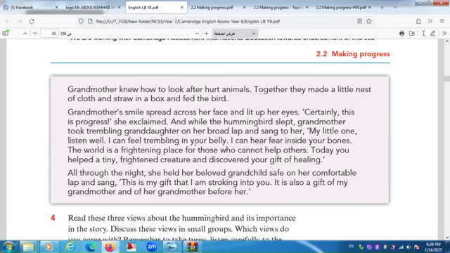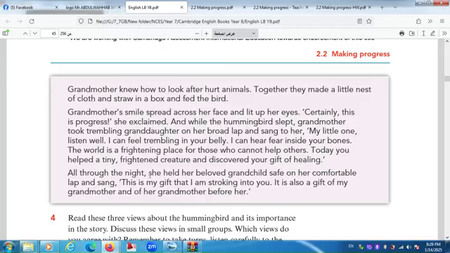I can feel trembling in your belly. I can hear fear inside your bones. The world is a frightening place for those who cannot help others. Today you helped a tiny frightened creature and discovered your gift of healing."